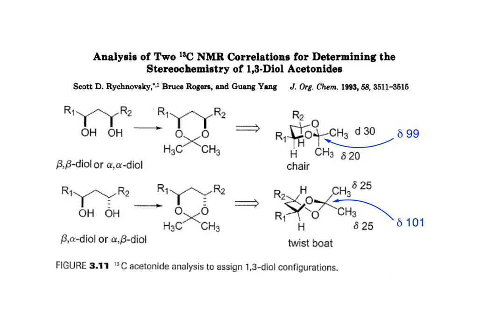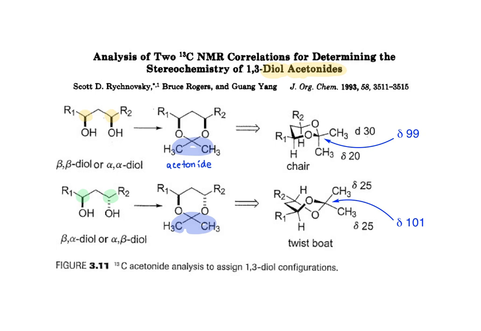I'll finish this video by describing how we can use carbon-13 chemical shifts to assign the relative stereochemistry of acetonide derivatives arising from diols. For 1,3-diols, which form acetonides, we can make assignments based on whether the oxygens of the diol are 1,3-cis or pointing in the same direction, or 1,3-trans or pointing in the opposite direction.